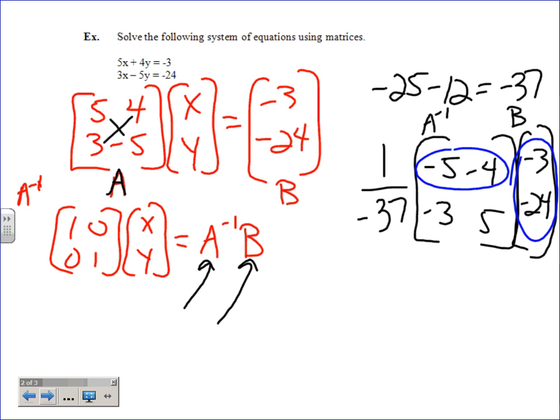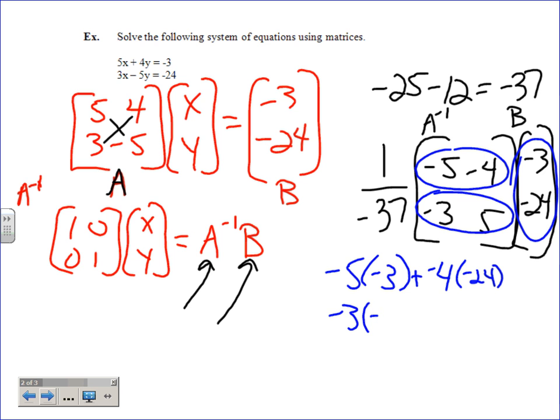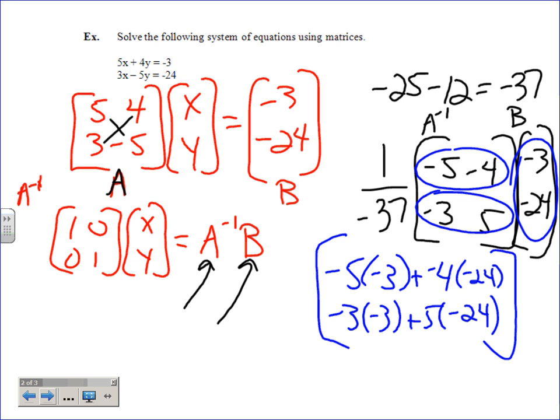Because it'd be 2 by 1 and 2 by 2, not going to work. So you go negative 5 times negative 3 plus negative 4 times negative 24. And then you got to do this one. So you do negative 3 times negative 3 plus 5 times negative 24. And that is almost your answer. You're close.